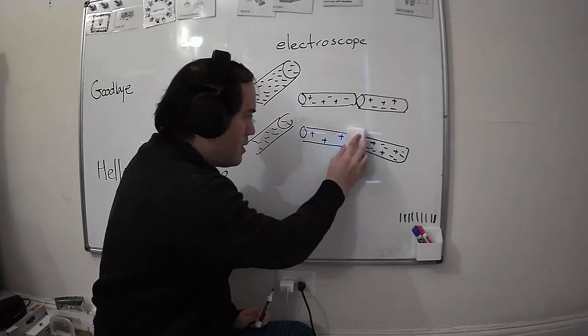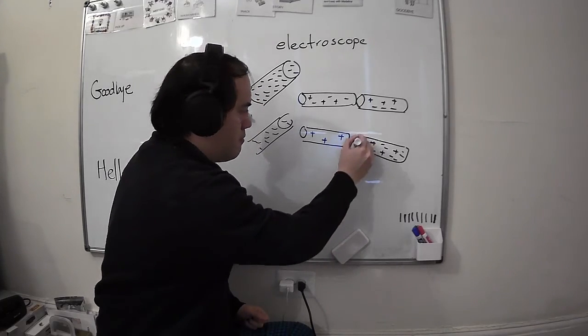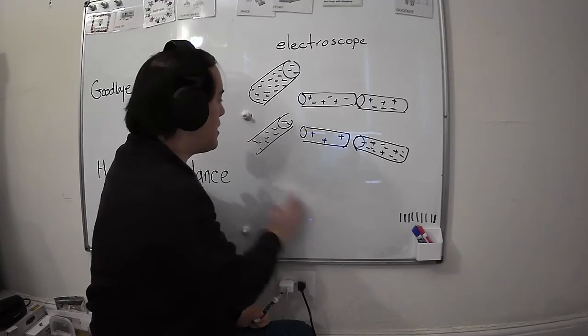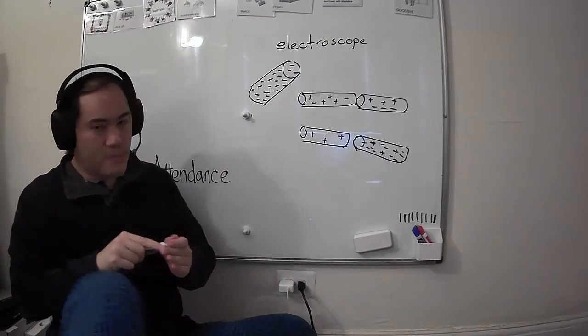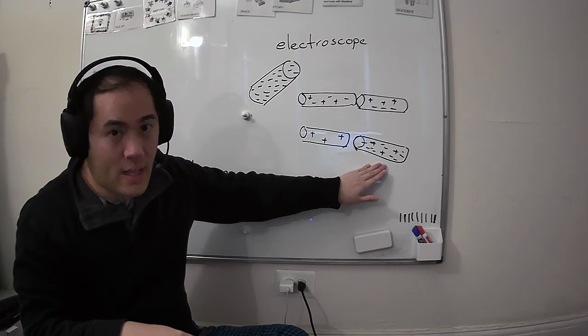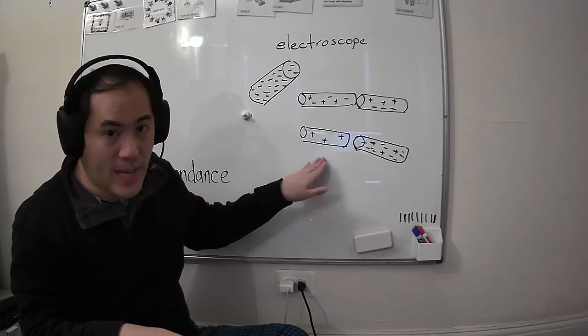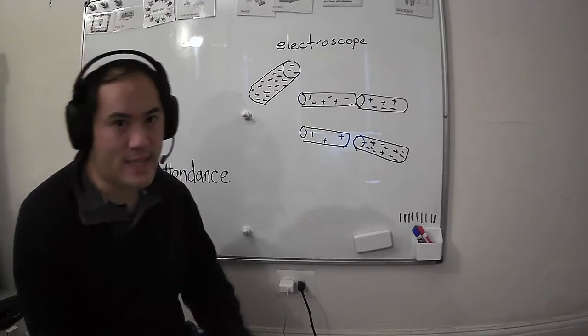So first, disconnect these. Then, remove this. Now this right rod is negative. It has way too many electrons. They want to spread out. They want to spread back to the left rod, but they can't because it's not attached.